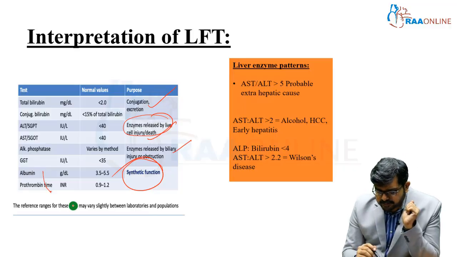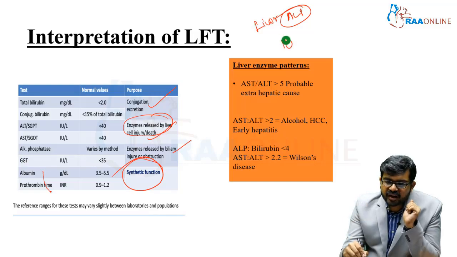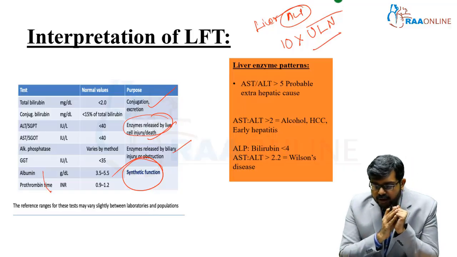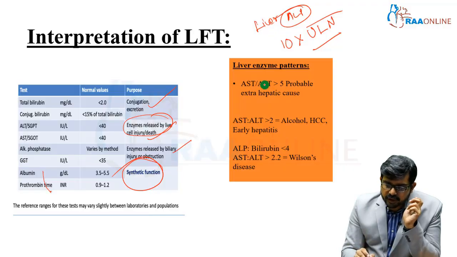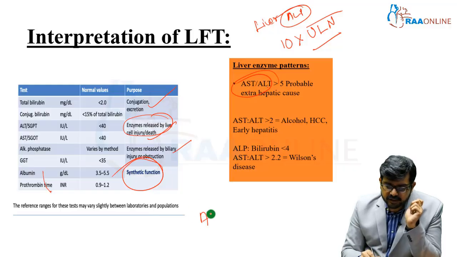Usually, in case of liver pathology, if you are dealing with something like acute liver failure, your liver enzymes should be more than 10 times the upper limit of normal. And please understand, usually the ALT is slightly higher than AST because of the differential half-lives.